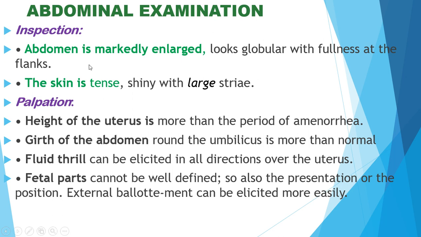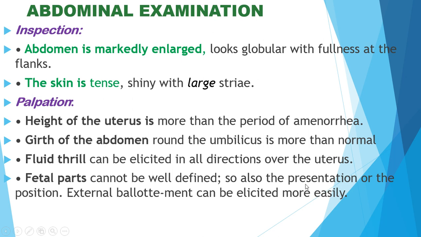Fluid thrill can be elicited in all directions over the uterus. Fluid thrill means when we tap on one side, we can see the thrill moving to all sides. I already told you about Pascal's law, the same law applies here. And fetal parts cannot be well defined.